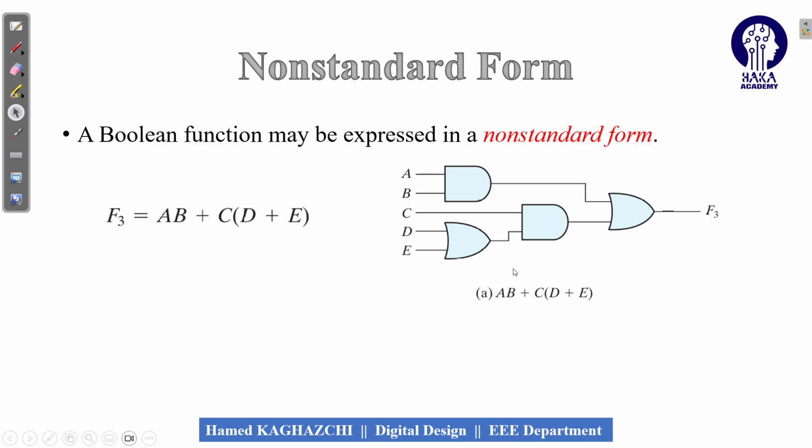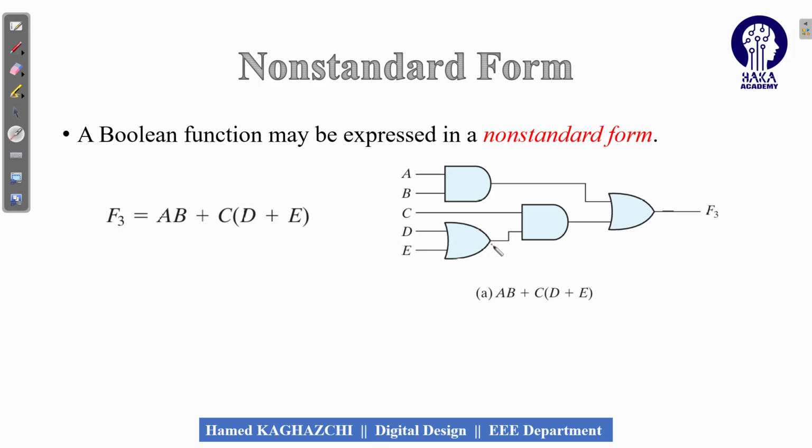So why don't we prefer to use this type of representation? Because you can see that in this path we have three gates. So the delay time of this path is higher than the delay time of the two-level implementation. Because if we have a two-level implementation, we will have two gates, and we know that each gate has a delay time.